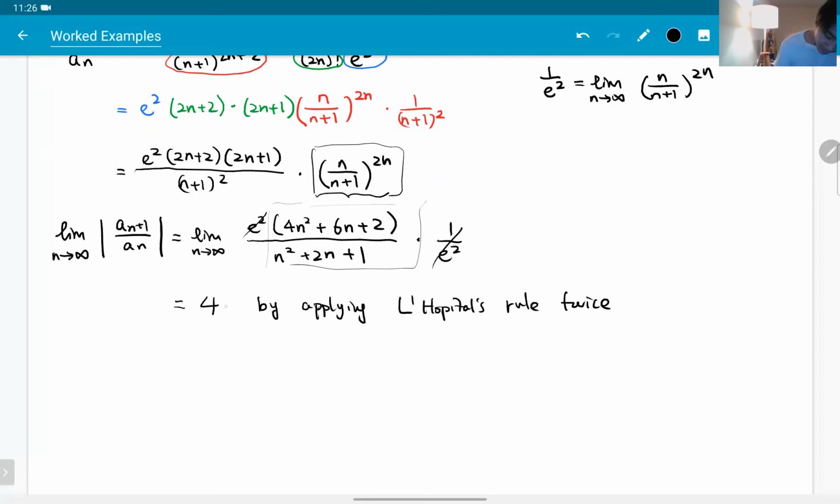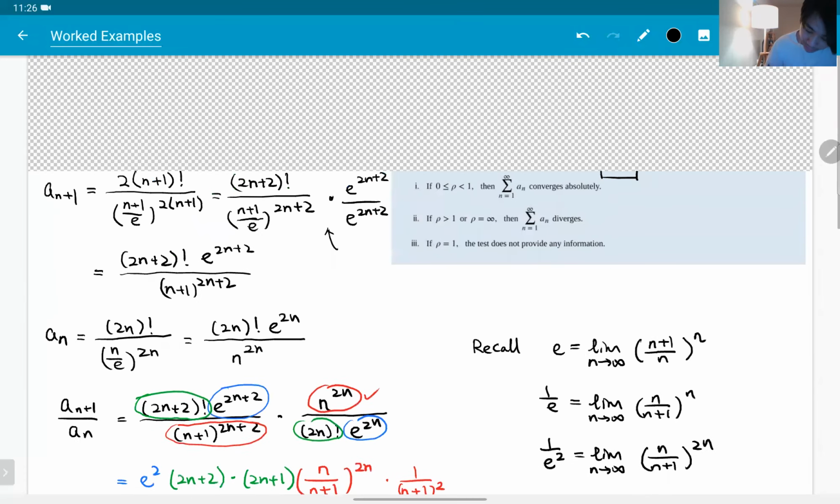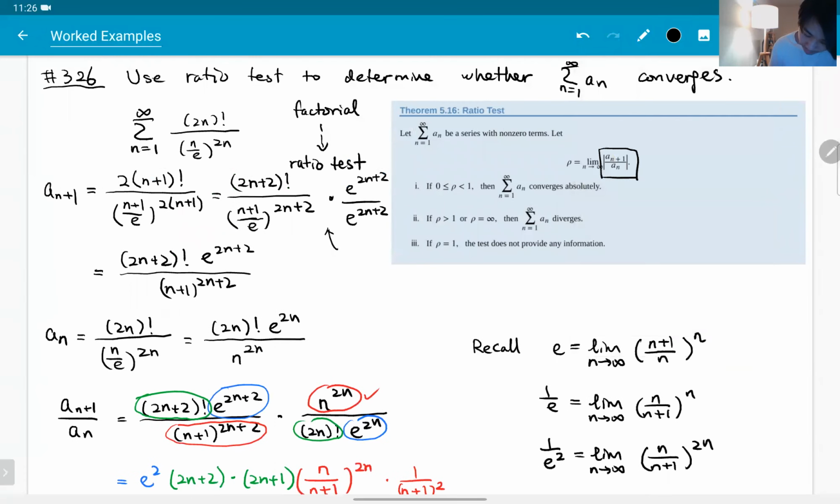Now 4 is clearly greater than 1. So we go back to the ratio test. This is the second case. So we can conclude that the series actually diverges. Okay, I'll stop here.